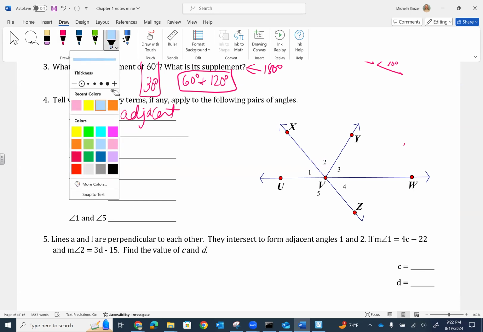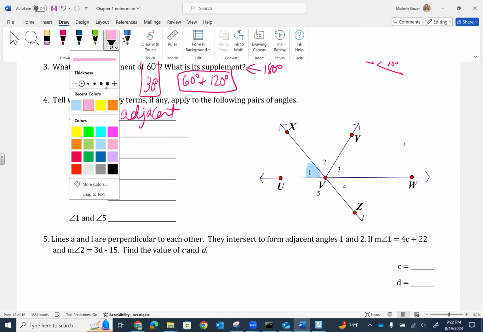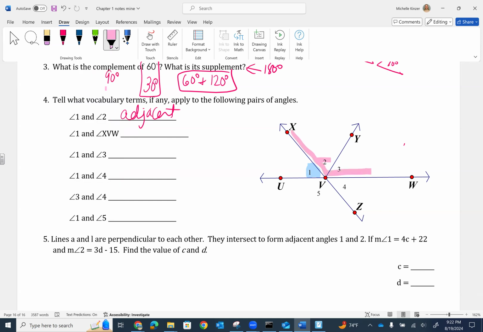Angle 1 which is right here, and XVW. It's gonna be right here. Okay, what's true about those two angles? Well, they definitely have a common vertex and common side, okay?